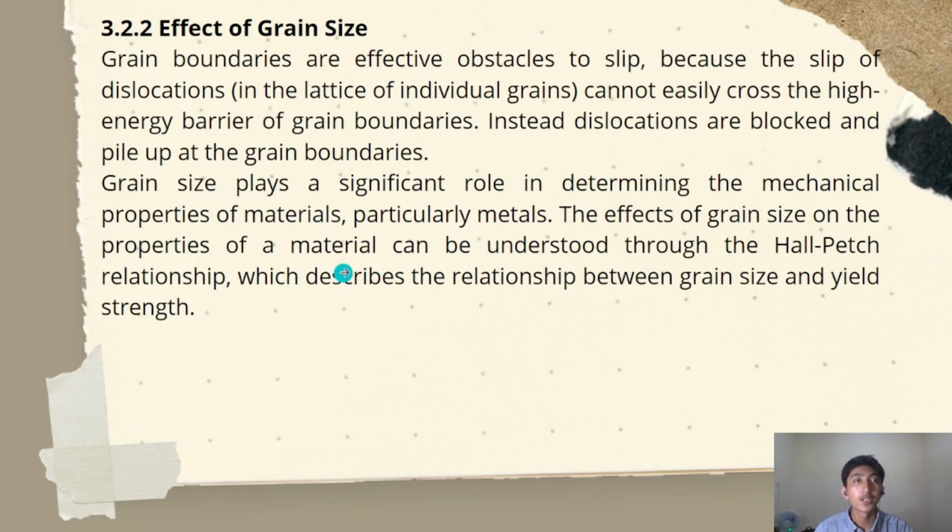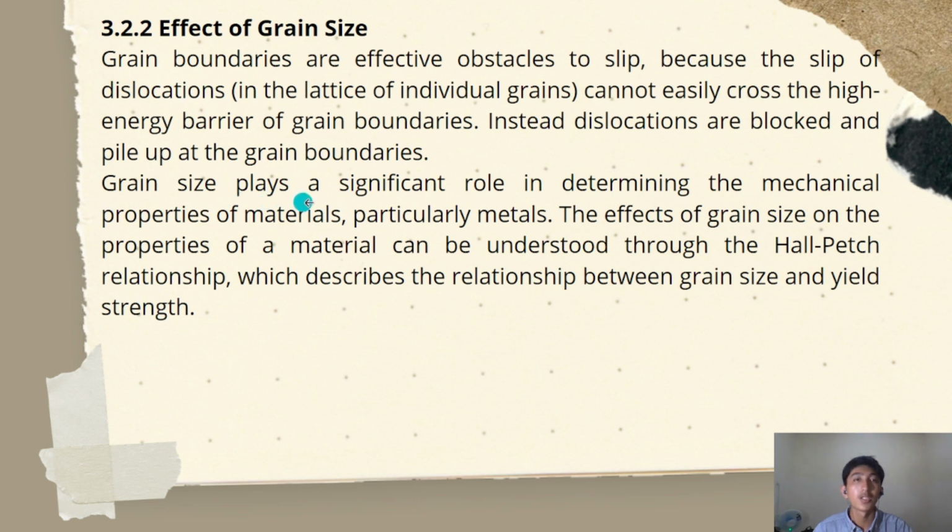Effects of grain size. Grain boundaries are effective obstacles to slip because the slip or dislocations in the lattice of individual grains cannot easily cross the high energy barrier of grain boundaries. The said dislocations are blocked and pile up at the grain boundaries.